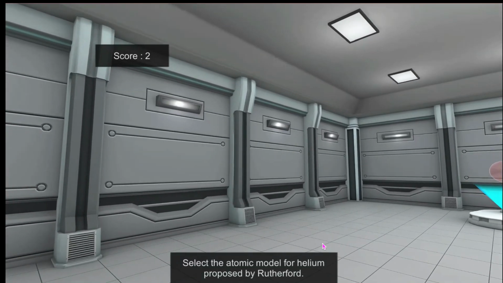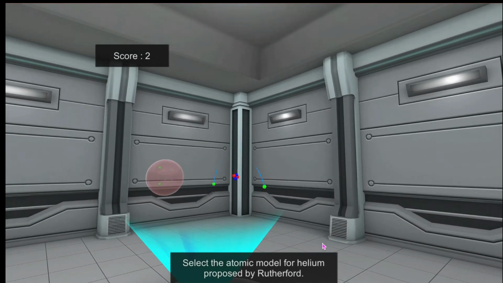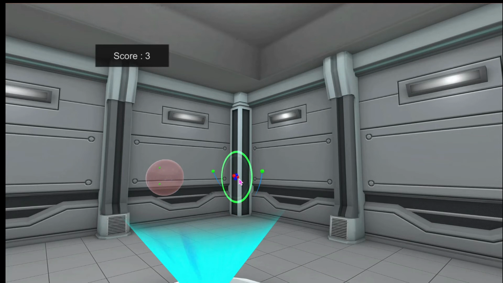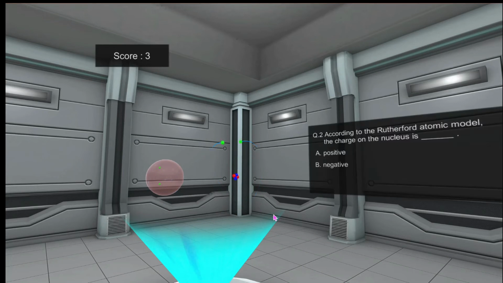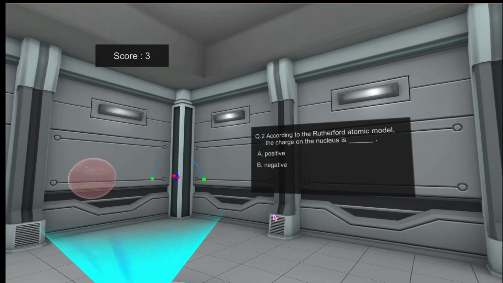Select the atomic model for helium proposed by Rutherford. Right! Question 2. According to the Rutherford atomic model, the charge on the nucleus is A, positive, B, negative. Right!